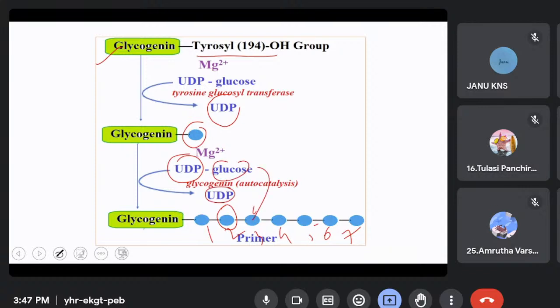Each glucose residue is donated by UDP glucose; glucose 1-phosphate is not directly attached. It is converted into UDP glucose, and UDP glucose separates UDP and glucose, and this glucose is donated to the glycogenin on the tyrosine residue.